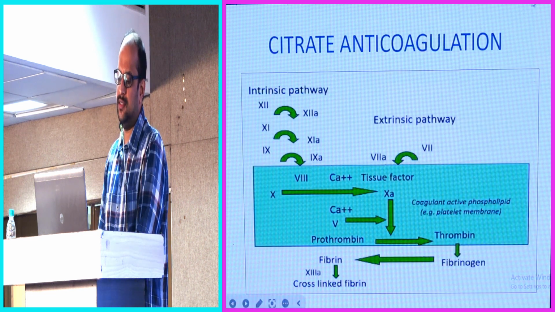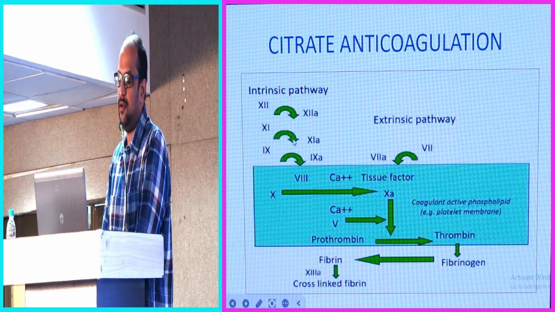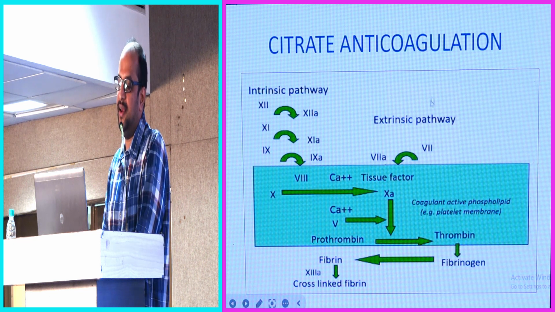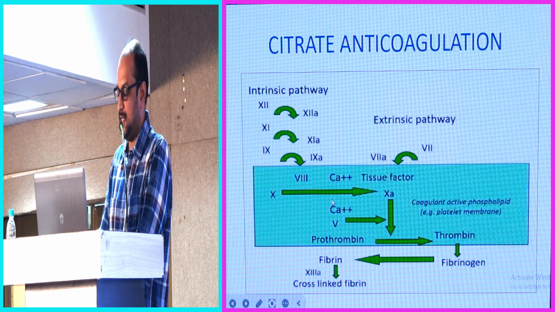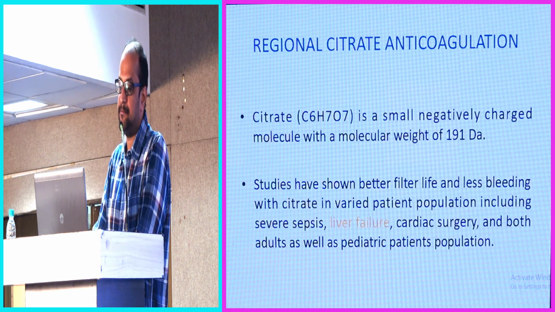So how does this work? We know the coagulation intrinsic and extrinsic pathways; calcium is a very important clotting factor required for an effective coagulation cascade. If we give citrate, it will bind to this calcium and make the calcium unavailable to participate in the coagulation cascade.